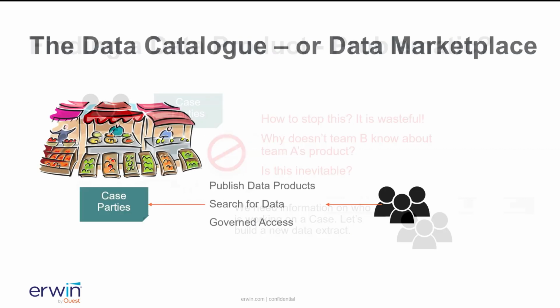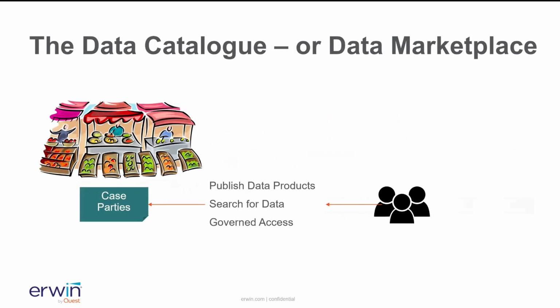So a lot of organizations are putting in these data catalogs or data product marketplaces so that the owners of these data products can post them up there and make them findable. If a team is wanting to produce data, the first thing they do is go to the marketplace and search for the information they need.